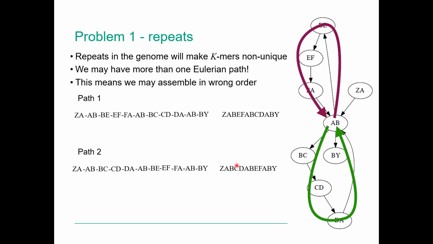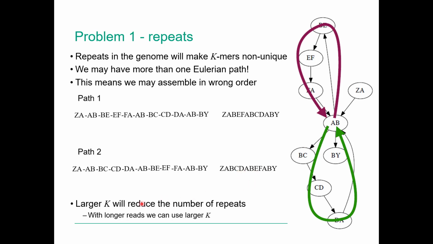So in both, we don't know which one of these two is the correct one, but we can see that in both cases the AB appears twice as a repeated region. So the only way to solve this is to have longer k-mers. Right? So if we could look at 3 letters at a time here, we would probably solve this, right? So with longer reads, we can also use larger k values, of course.